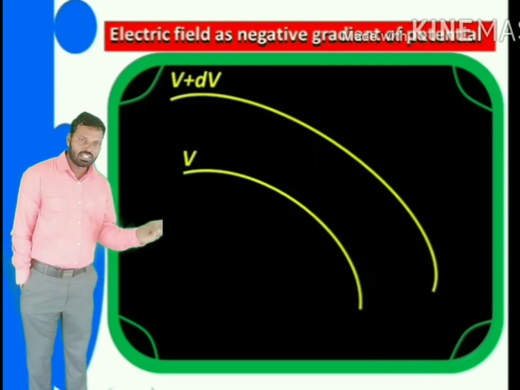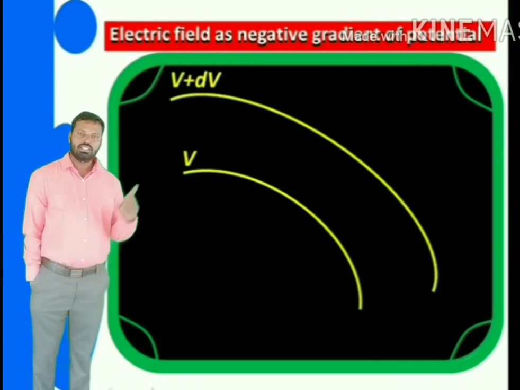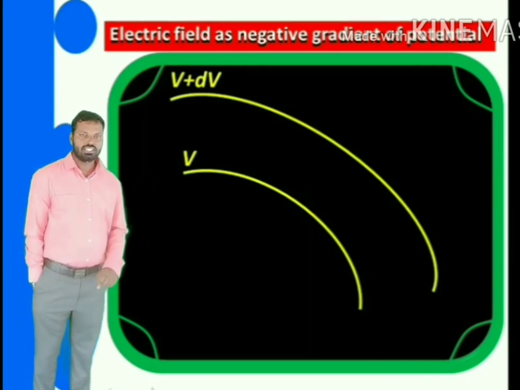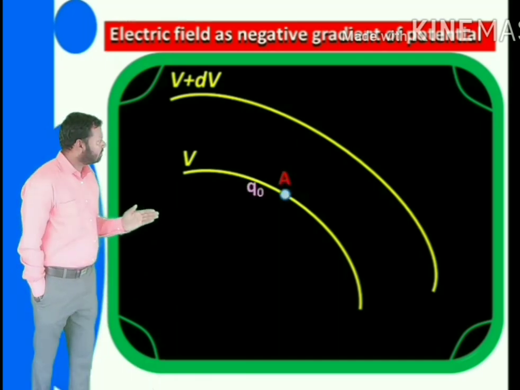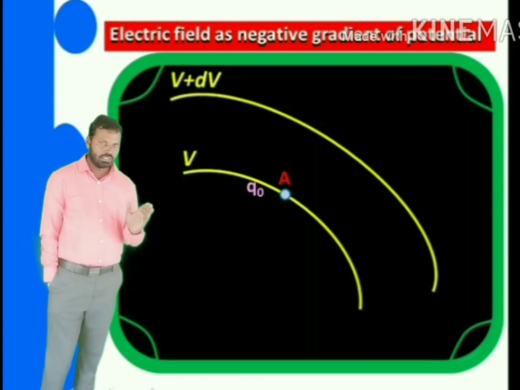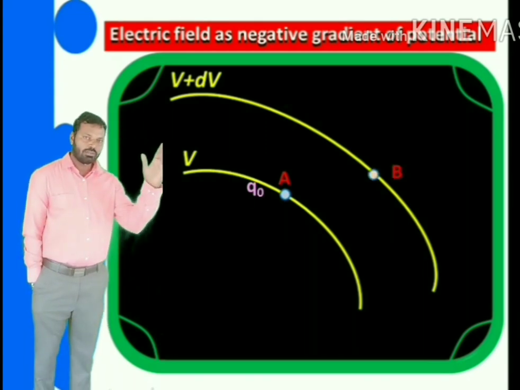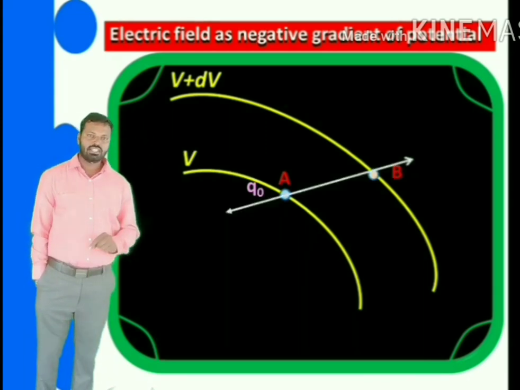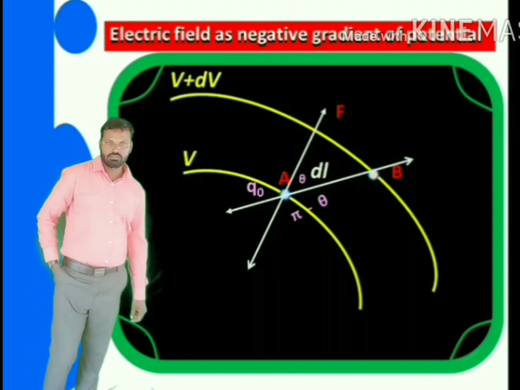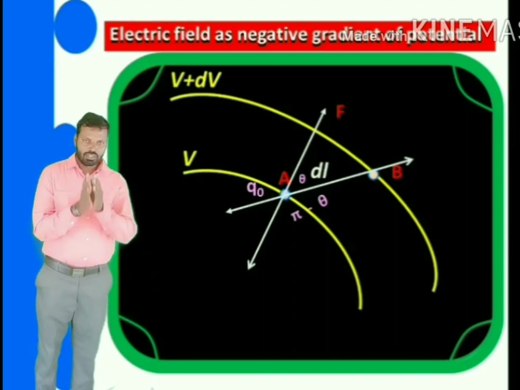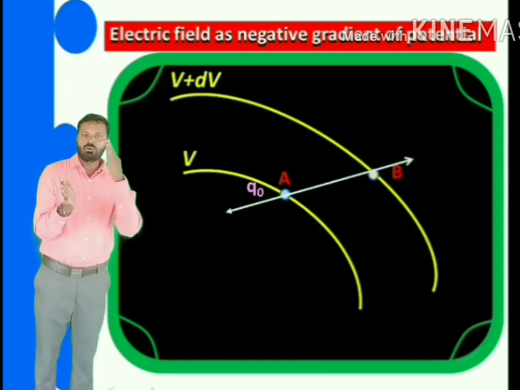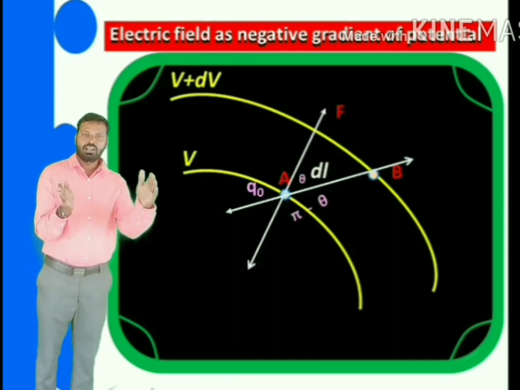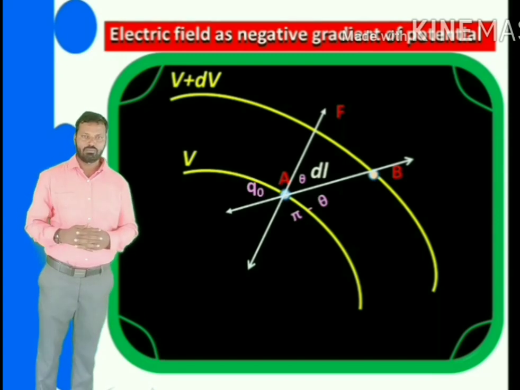One is V and another one is V plus dV. These are two equipotential surfaces. Let Q0 be a charge which is at a point A on the surface V. Now it is moved to a point B on the surface V plus dV.